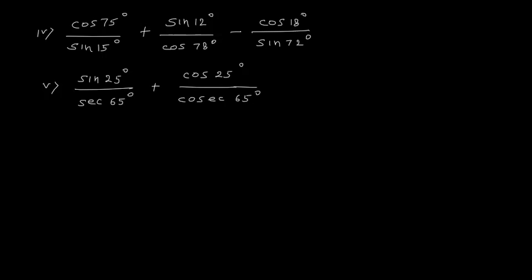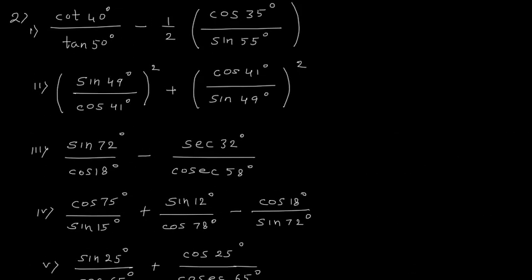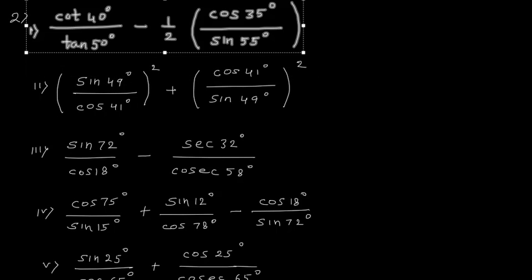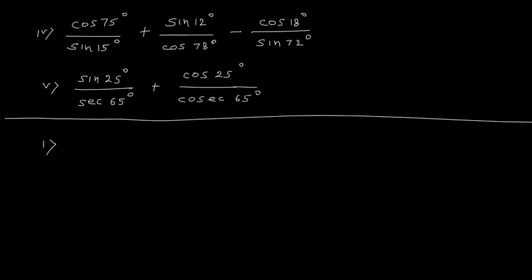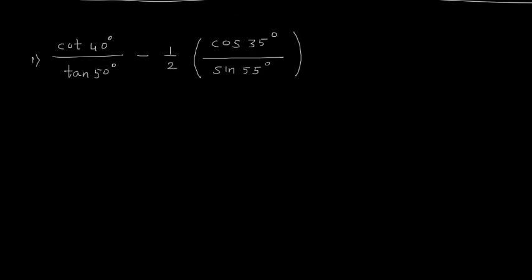So here let us write that problem again. So what we have to calculate? First question, let us copy this problem from here and paste here. So this is equals to, now cot and tan. So better convert this cot in tan.